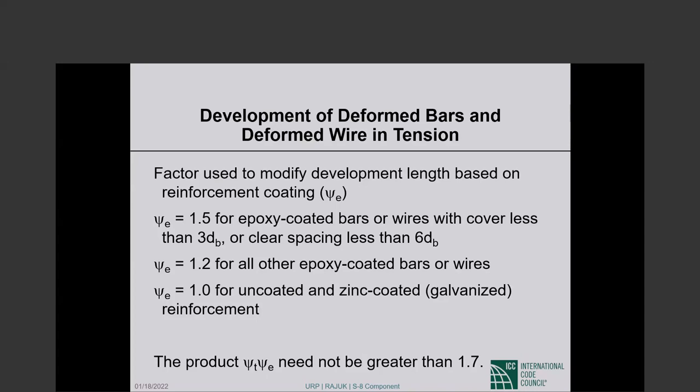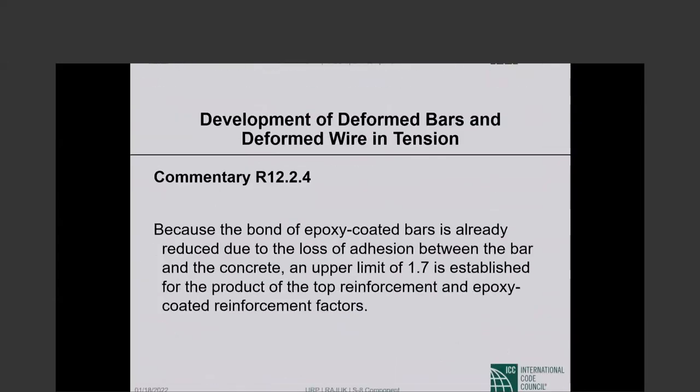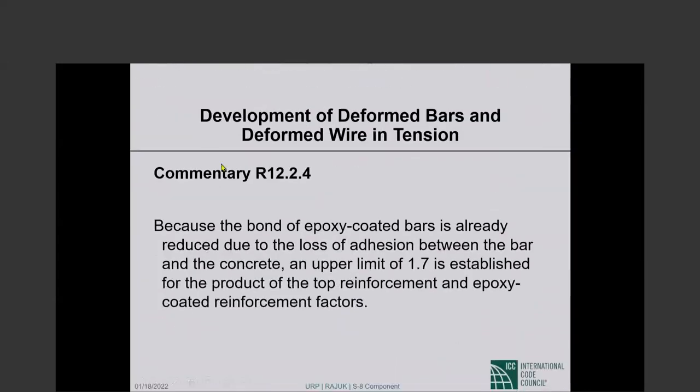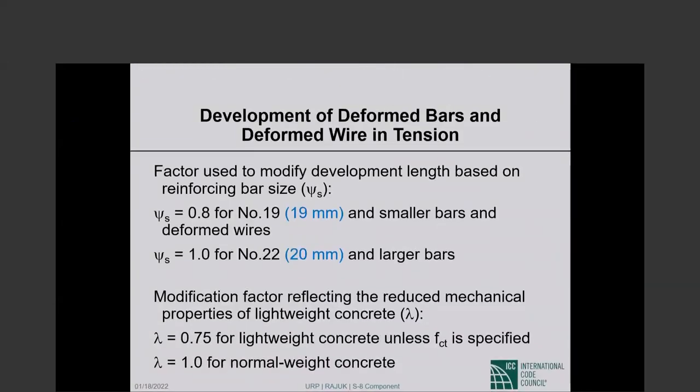So you get really penalized for epoxy coated bars that have thin cover and are closely spaced. The product of the top bar factor and the epoxy coating factor has a ceiling of 1.7. You don't need to take it more than 1.7, and it is explained why we put this upper bound on the product of the two.